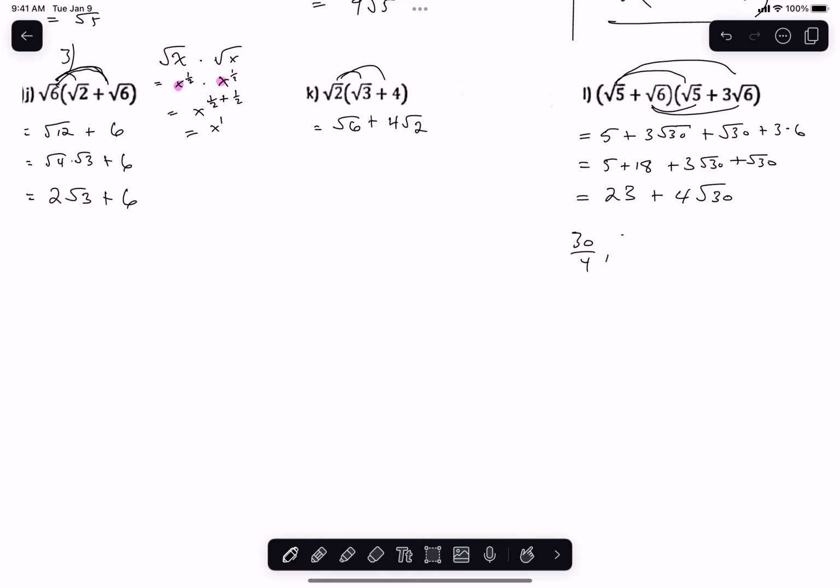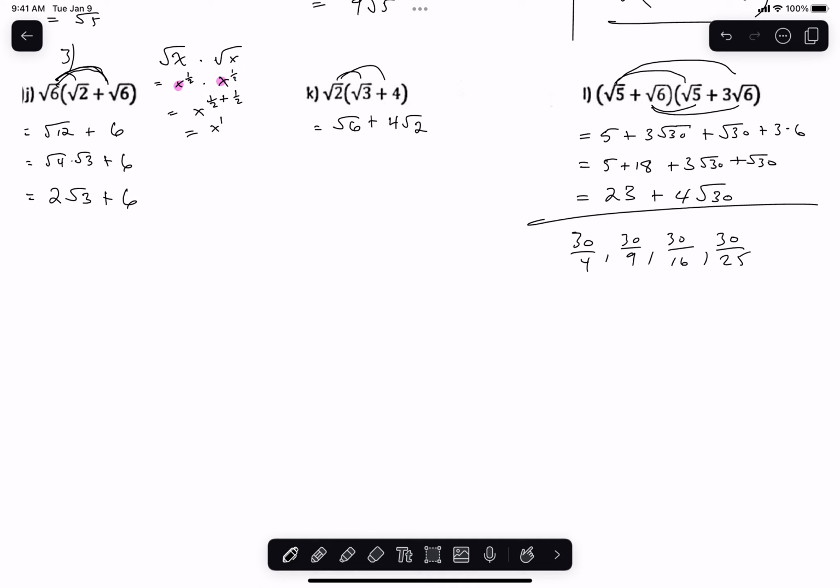Okay. 30 by 9, not going to go in evenly. 30 by 16, not going in evenly. 30 by 25. I don't think there's any combination of radicals where one of them is perfectly square rootable that we can simplify the square root of 30. So I believe that that is as simplified as we can get it.